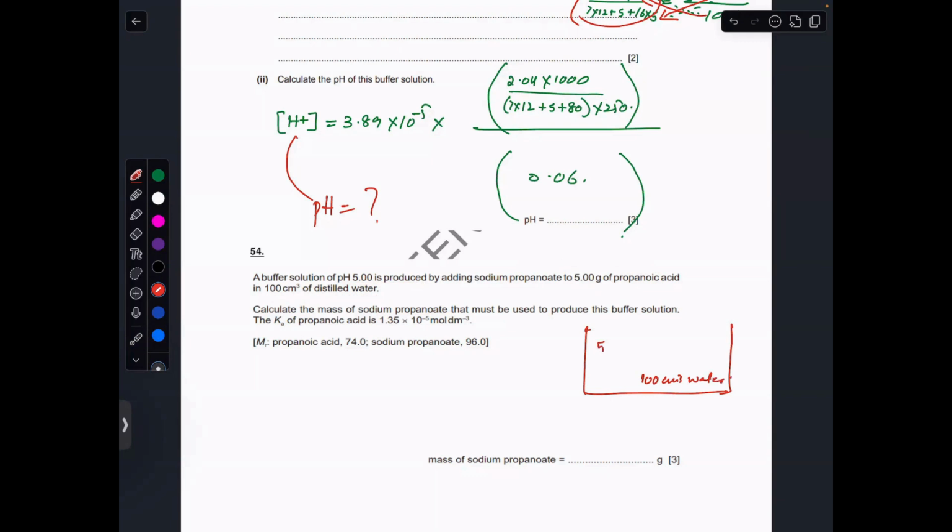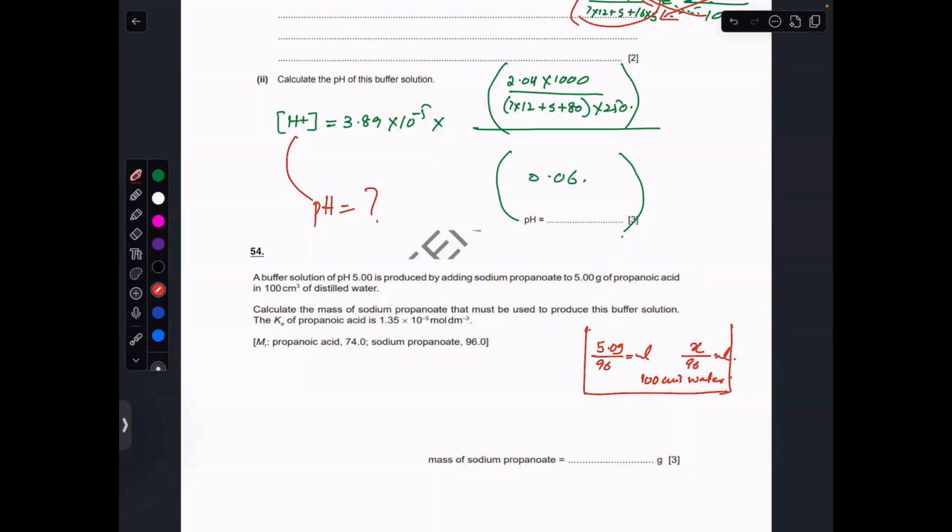In which there is what? 5 gram divided by 96 moles. And now, in the same 100, I don't know the mass. Mass over MR. What is the MR? 96 moles. See what I did? I know the mass of the propanoic acid in 100. I want to find the mass of the sodium propanoate in 100.